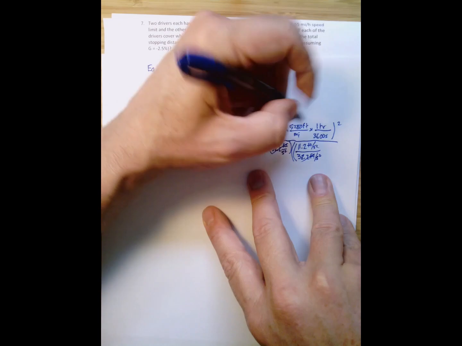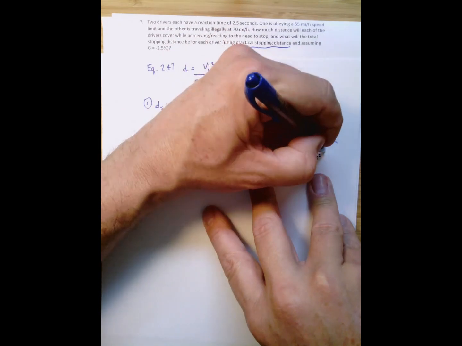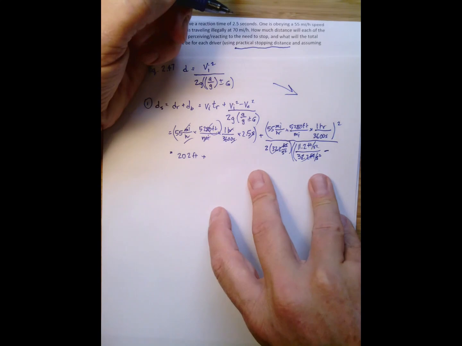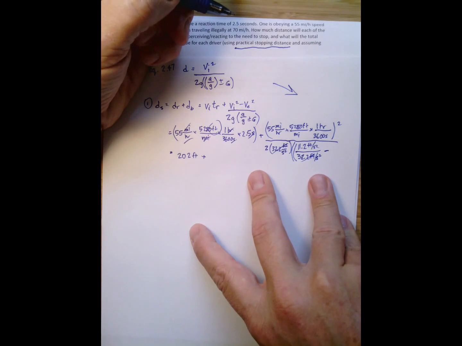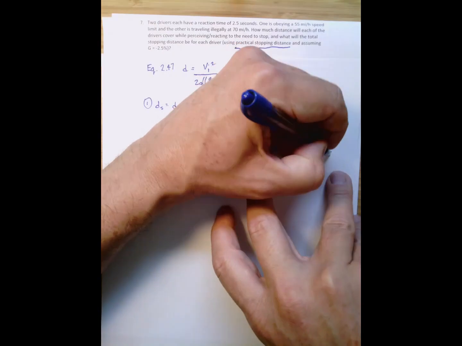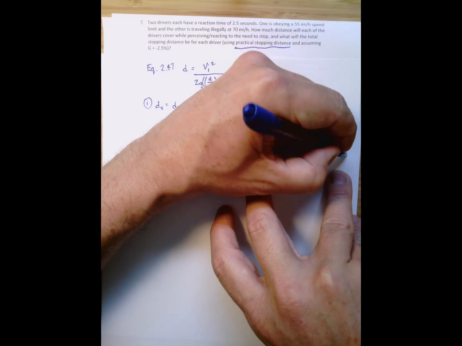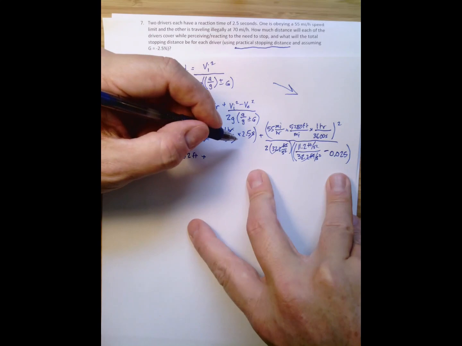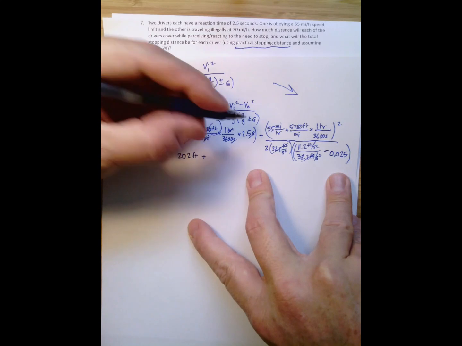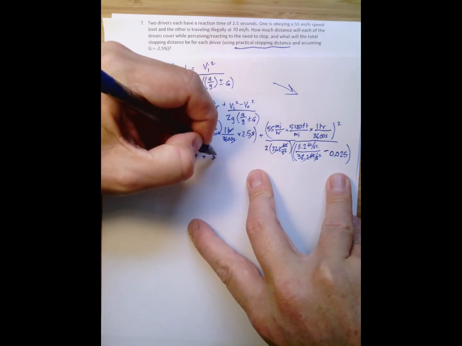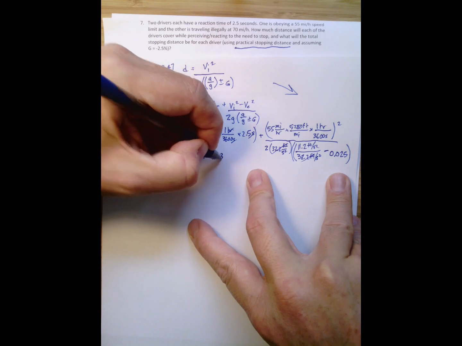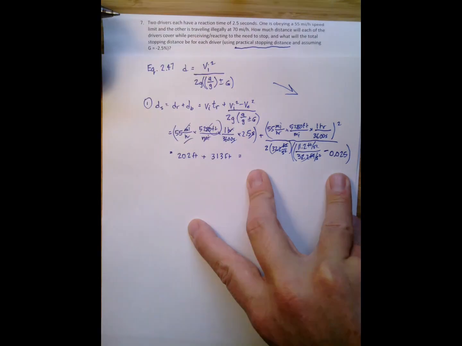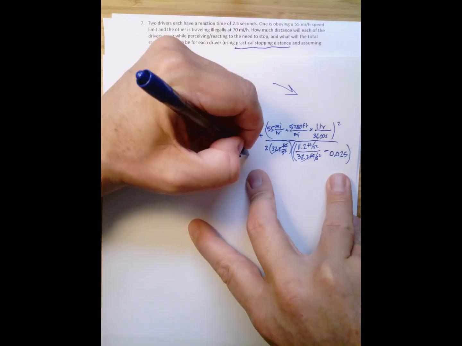So those, of course, cancel out. And here we have a 2.5% downgrade. So 2.5% divided by 100 is 0.025. And if you perform those calculations, you should find that that braking distance is 313 feet. So the total stopping distance is 515 feet.